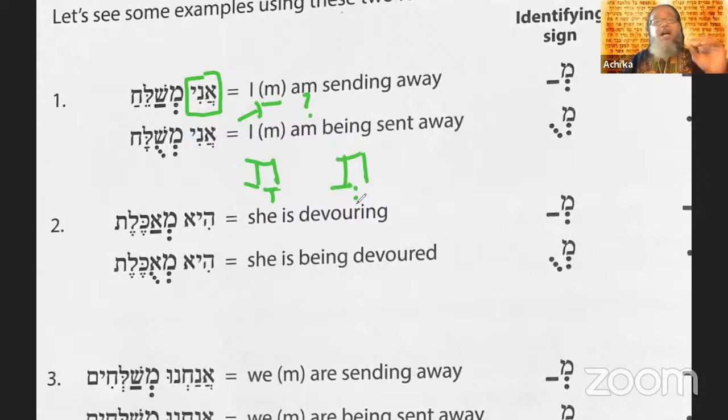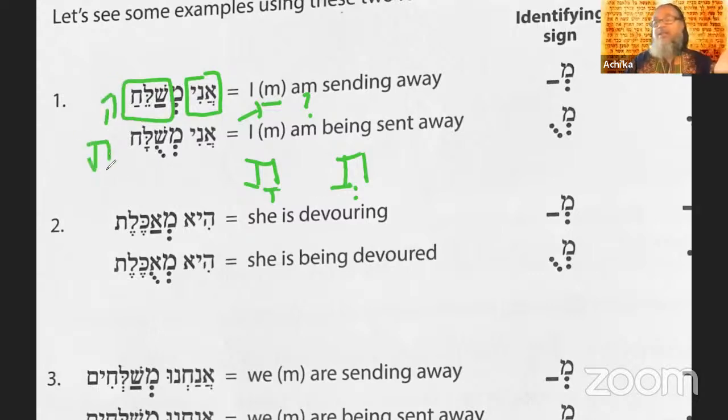But we know that the verb has to match the person that's doing the action, at least the endings of it. So we know that this is masculine because it's a 3-letter root that doesn't have any feminine endings on it, like a hey or an ending in a tav.